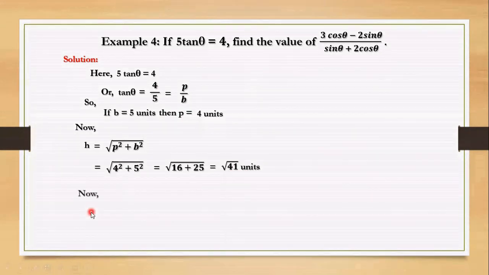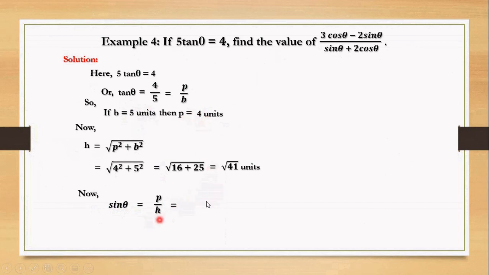Now let's find the value of sine theta. Its ratio is p by h. Substitute the values for p and h. P is from here 4 units, and h we have calculated just now, root under 41. So we have 4 by root under 41 as sine theta.